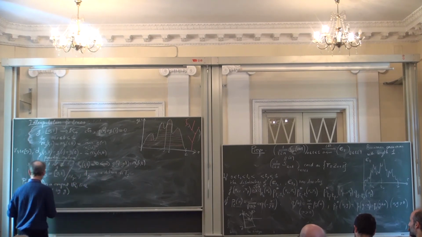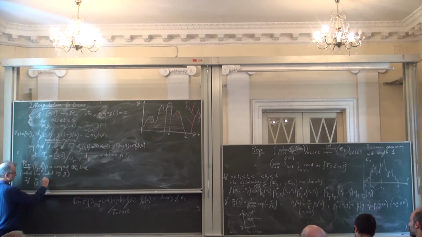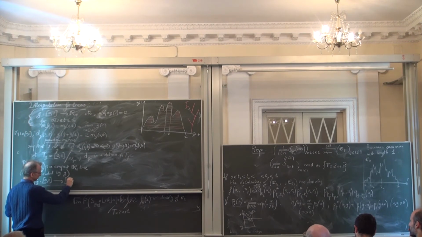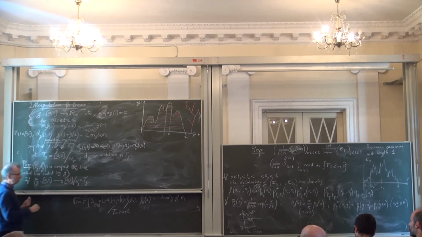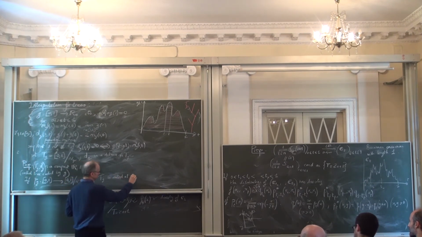I will use the notation p_g for the canonical projection from [0,1] onto the quotient space, and by definition, I will say that T_g is rooted at p_g(0), which I call rho.